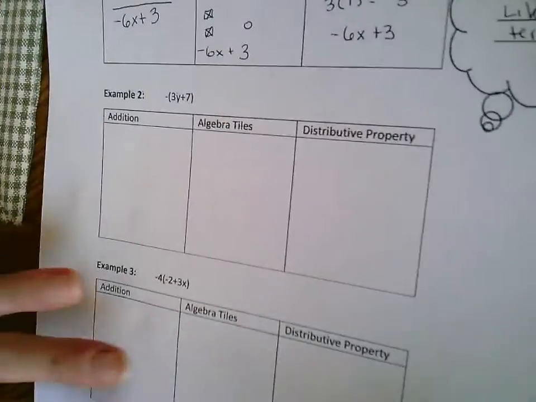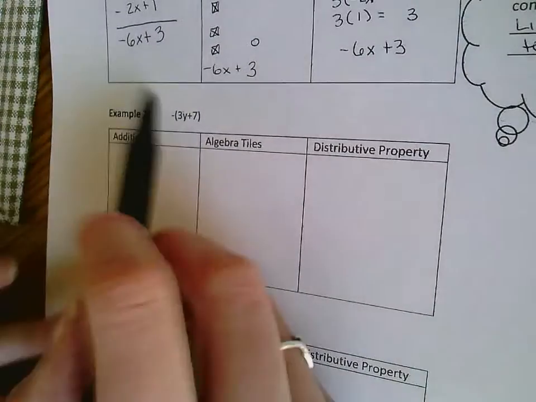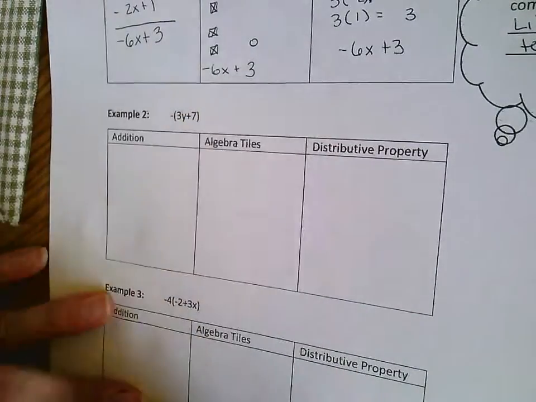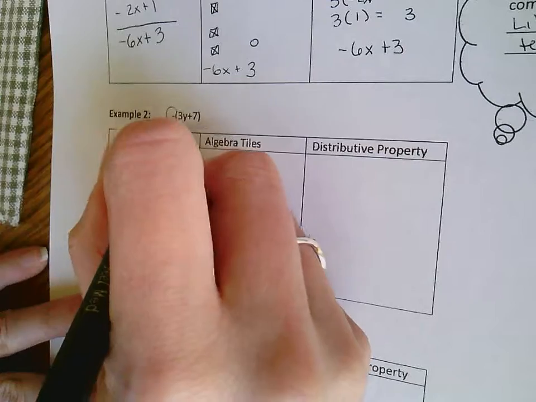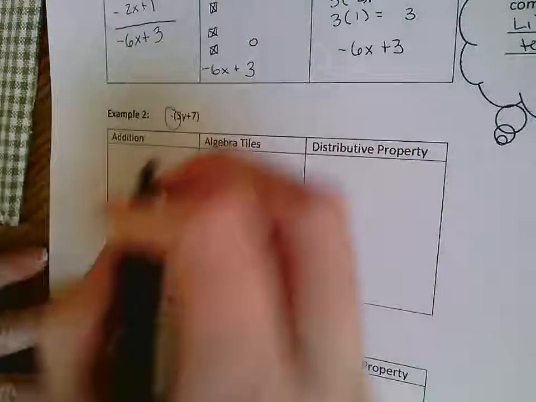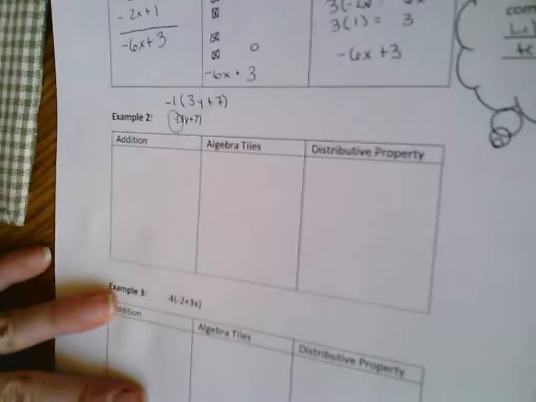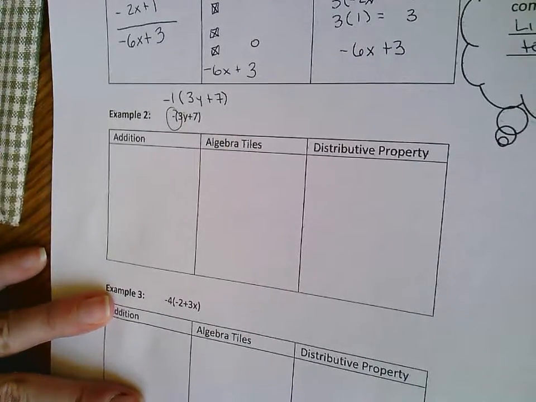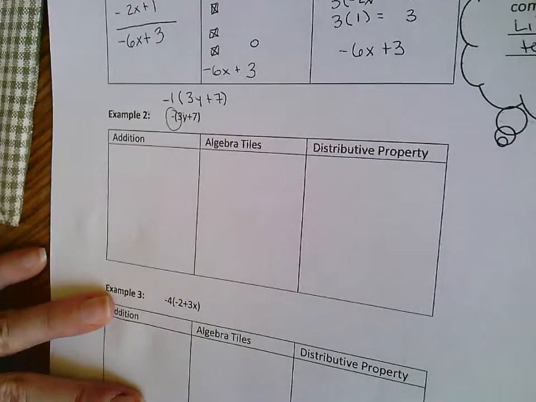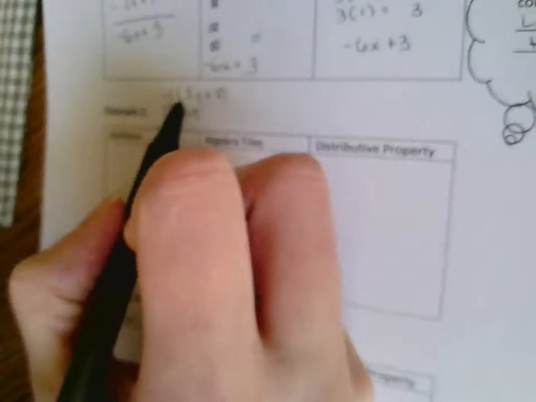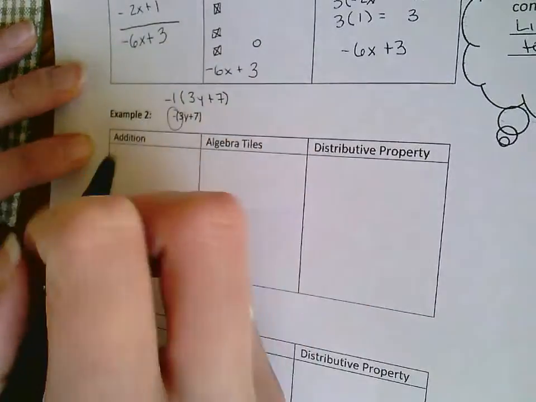Our next question says negative sign, parentheses 3y plus 7. When I have this negative sign like this, that is the same thing as saying negative 1 times 3y plus 7. So if I am going to do it this way, I'm going to put everything together as it is first.